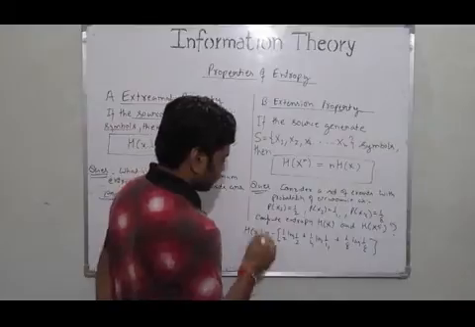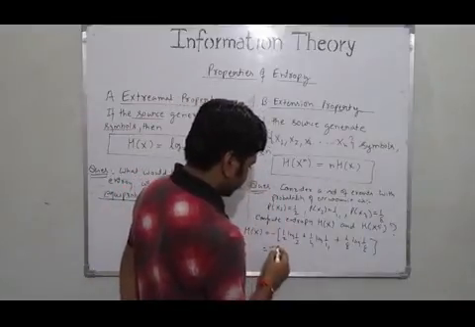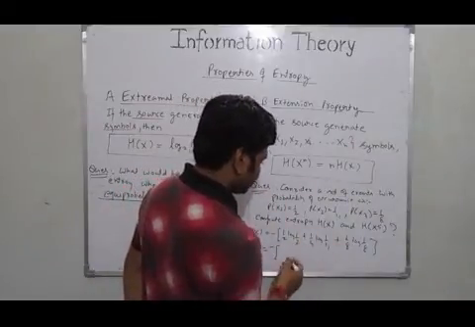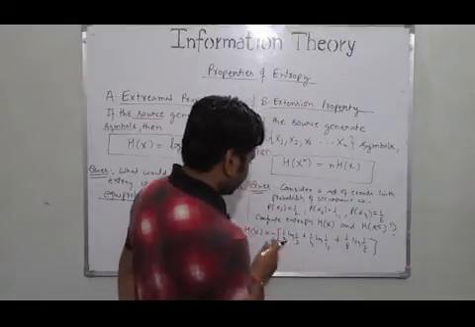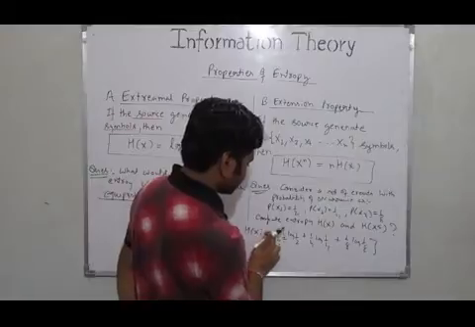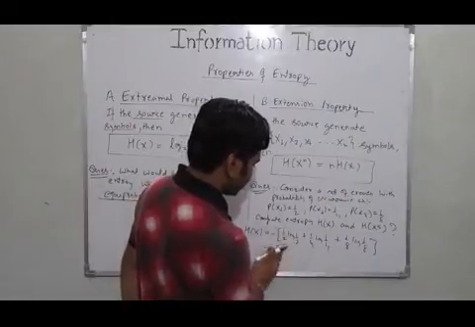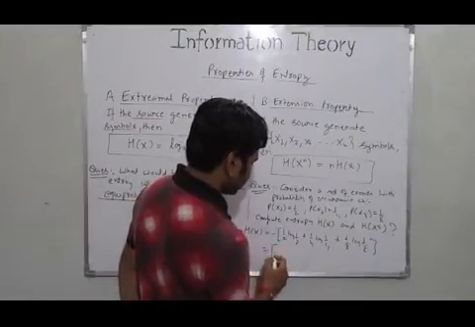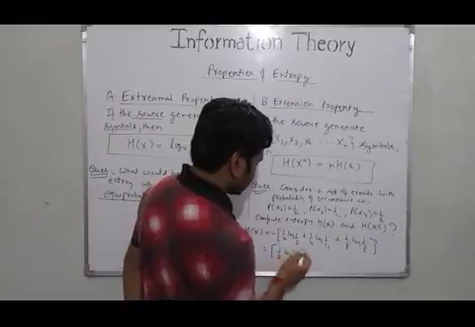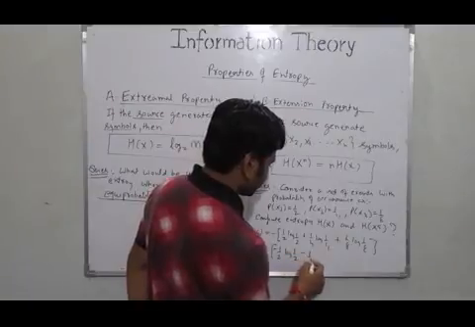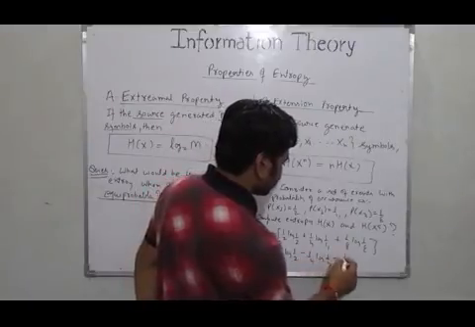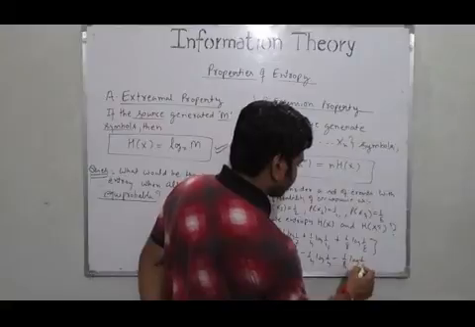So what we can do here is simply take this particular sign inside, and we obtain each expression in this way: 1 by 4 log 1 by 4, 1 by 8 log 1 by 8.